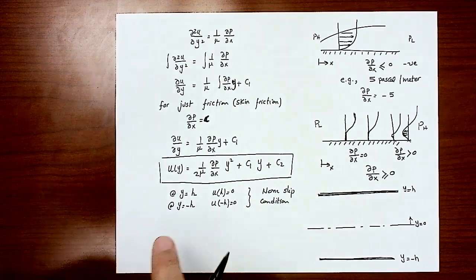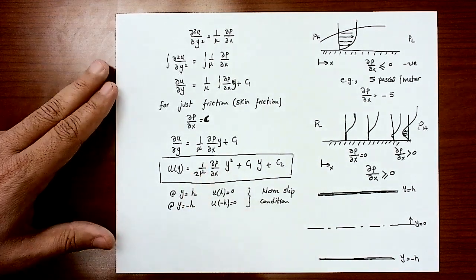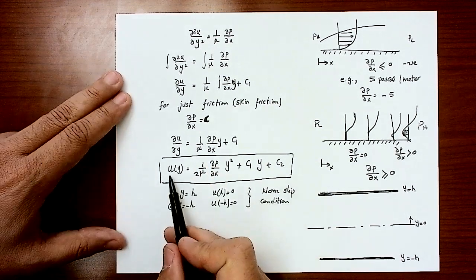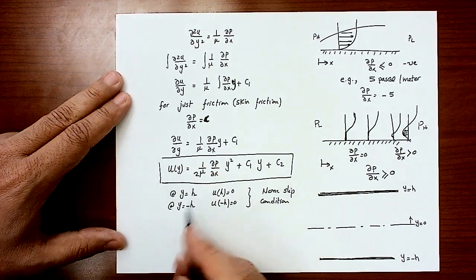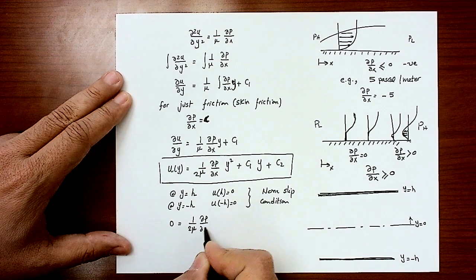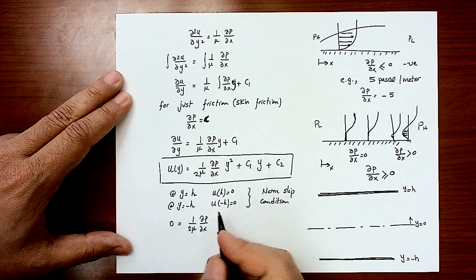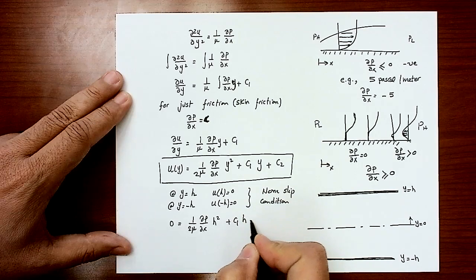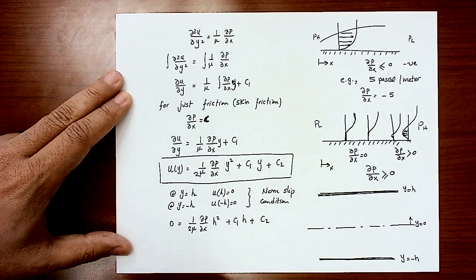Okay, so let's go back to this equation and apply the boundary conditions. If I put U equals 0 for the first condition, I will have 0 equal to 1 over 2 mu partial P by partial X. Now Y has to be H, so it's going to be H squared plus C1 H plus C2.